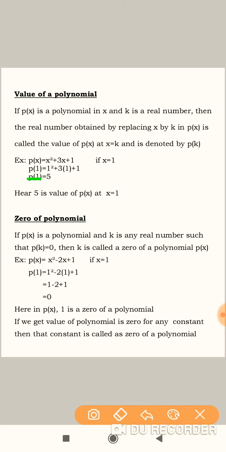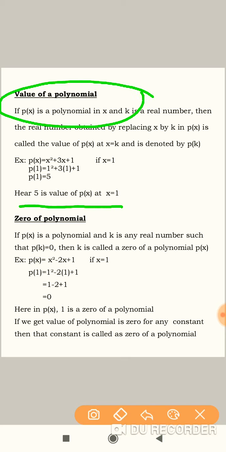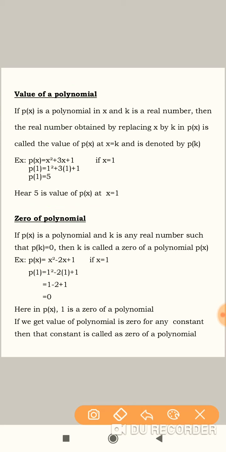When you simplify, you get p of 1 is equal to 5. So the result 5 is the value of p of x at x equal to 1. In a simple way, when you replace the variable x by any constant, the result you get is the value of the polynomial.